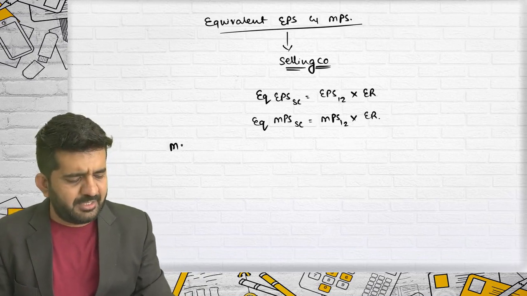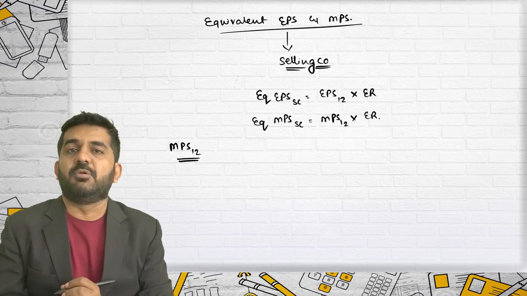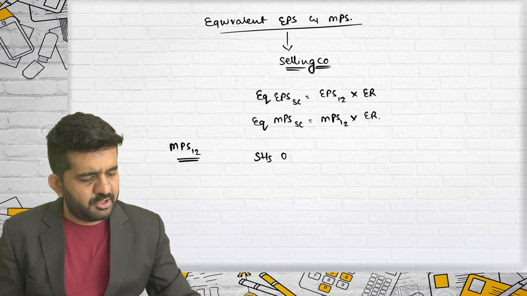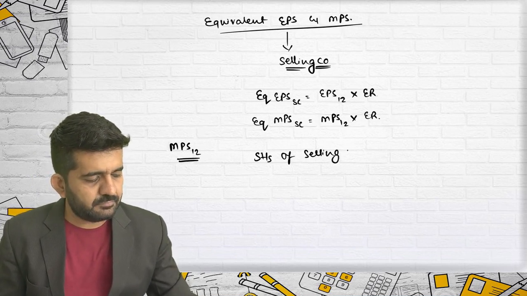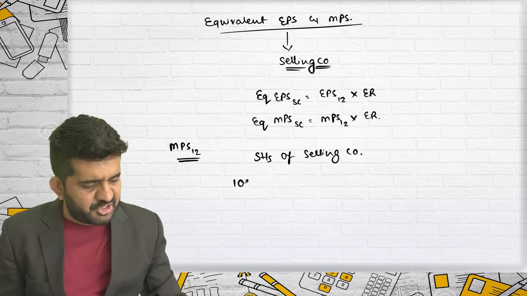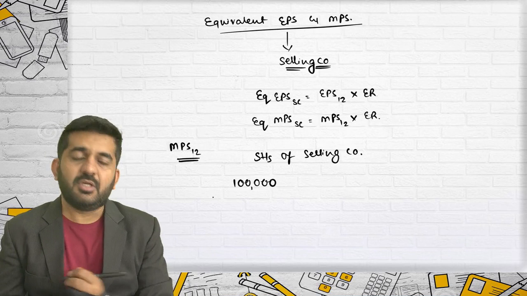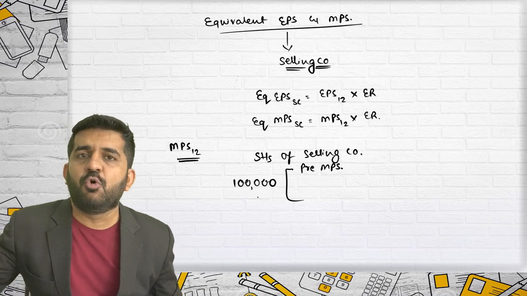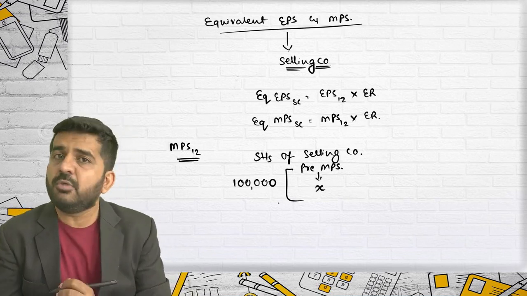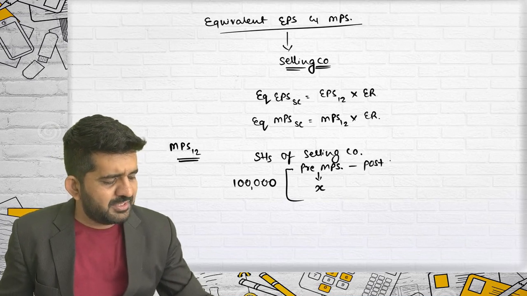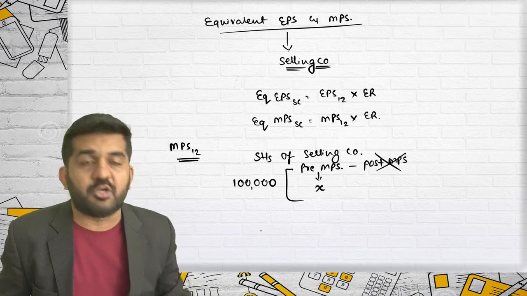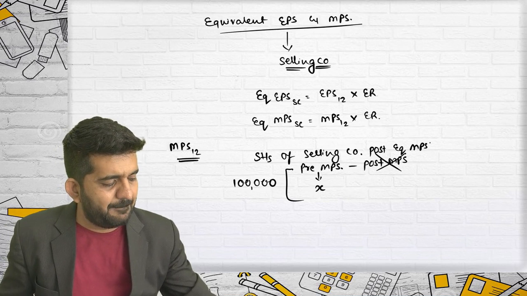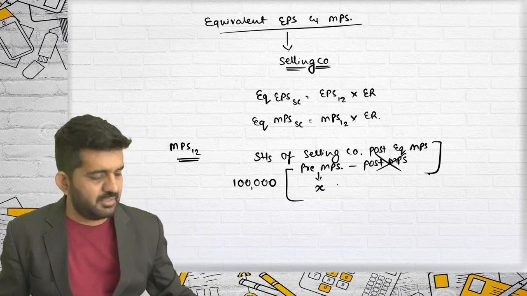Let me tell you about MPS, and EPS will be obvious. If the shareholders of the selling company were having 1 lakh shares, is it correct? What was their pre-MPS? That is before merger. What was their MPS? Minus what is their post MPS? What I should write down is post equivalent MPS.